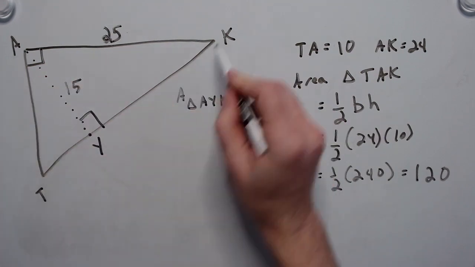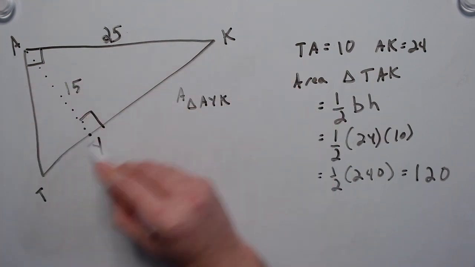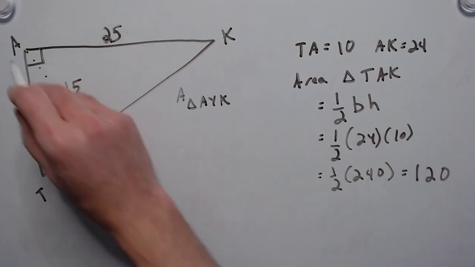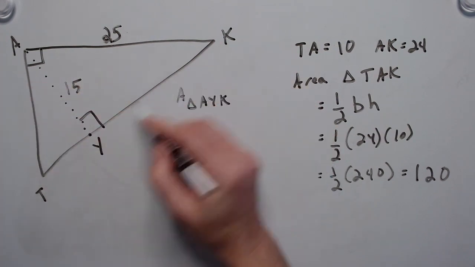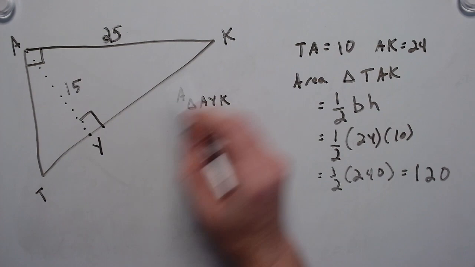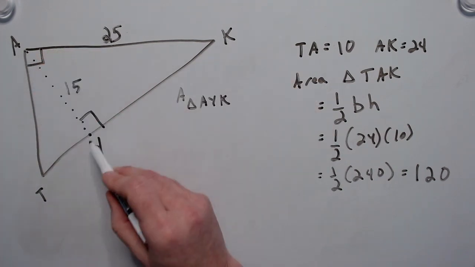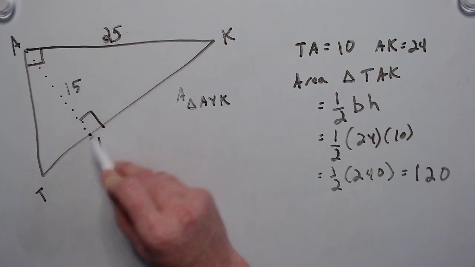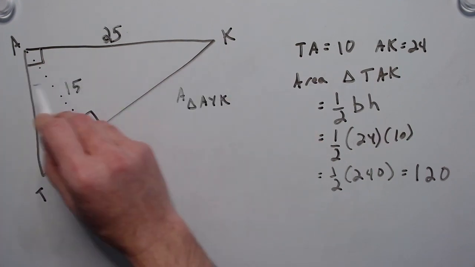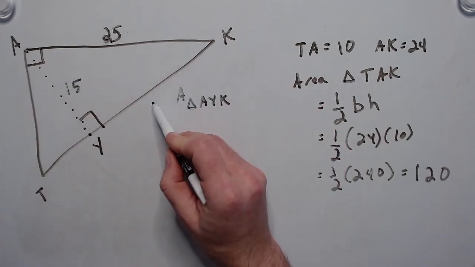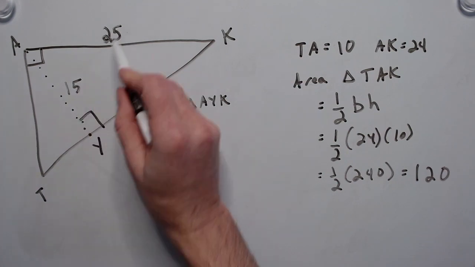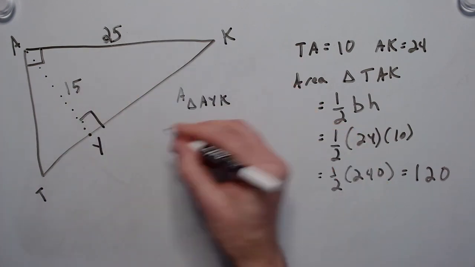So in this triangle, this would be the base and this would be the height because they're perpendicular to each other. So we need to find YK because we already have the height. How would we find this third leg of a triangle if we have two of them? Well, we have a right triangle, so this side squared plus this side squared is going to equal that side squared.